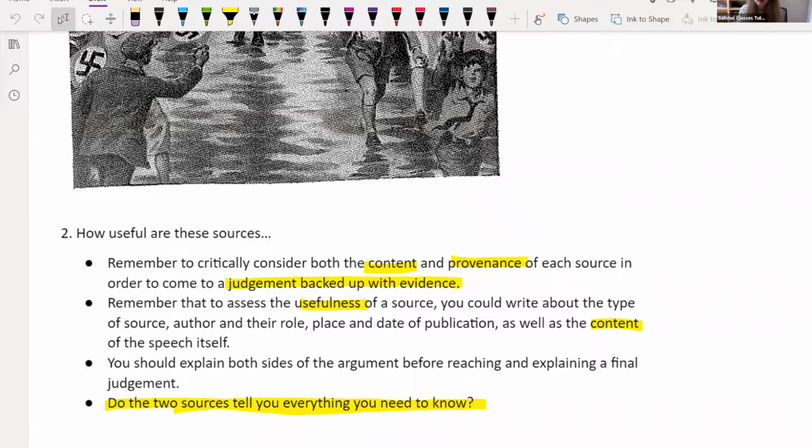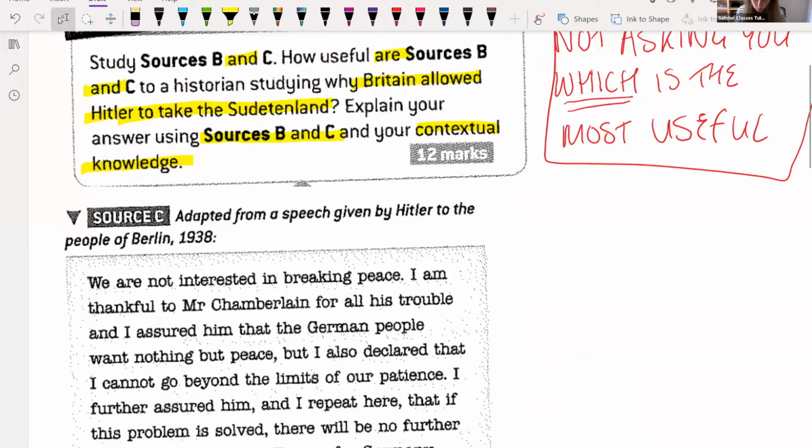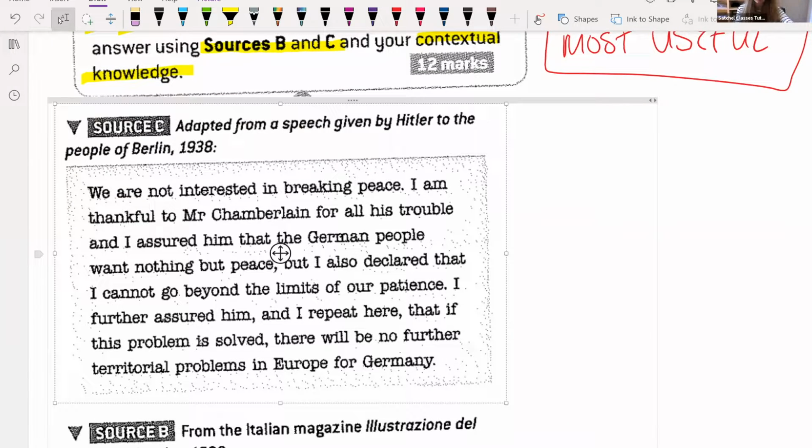I went to a seminar with AQA about 2 years ago now, and they actually said you don't have to do this for each of the sources. You could do the content of one and the provenance of another, because you haven't really got time to do both for both of them. I'll clarify what I mean by that in a second. Right, so let's have a look at the sources themselves and analyze them, and then we'll have a look at the mark scheme.